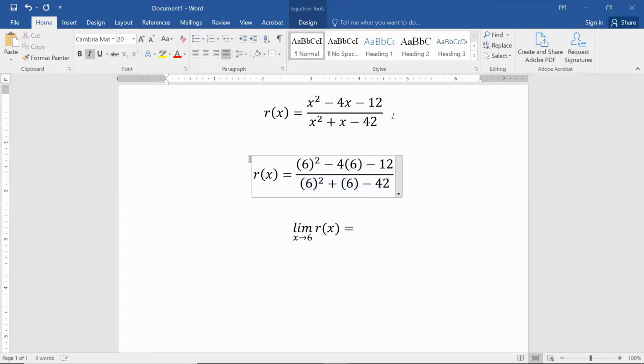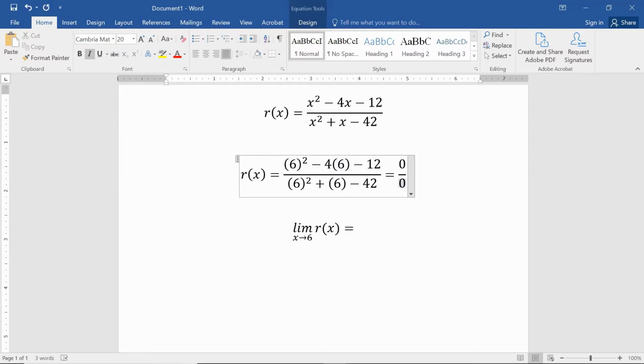If you type that in on your calculator, you get a 0 in the numerator of that fraction, and in the denominator you also get 0. So we have this indeterminate form of 0 over 0.